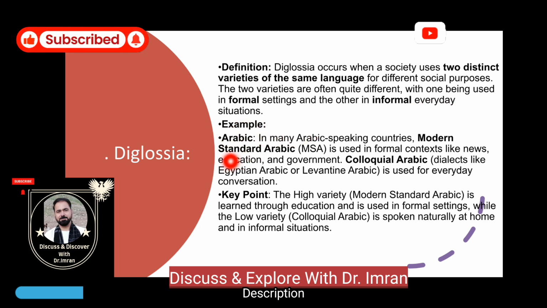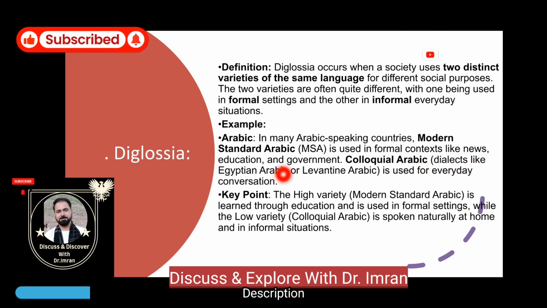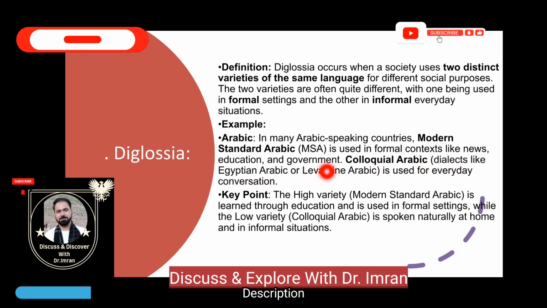For example, we have the example of Arabic-speaking countries. In many Arabic-speaking countries, Modern Standard Arabic, MSA, is used in formal contexts like news, education, and government. And it is understandable to all of them.